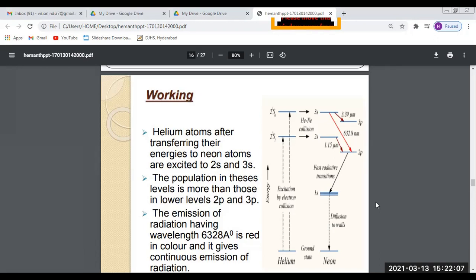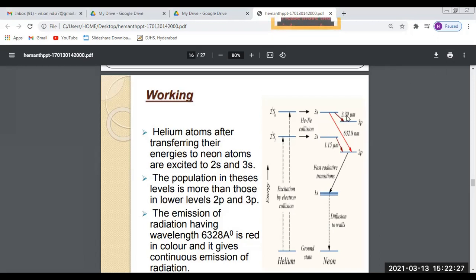The helium neon laser transition is a 4-level energy system. More atoms will reside in the higher energy level when compared to the lower level. There are non-radiative transitions taking place here.